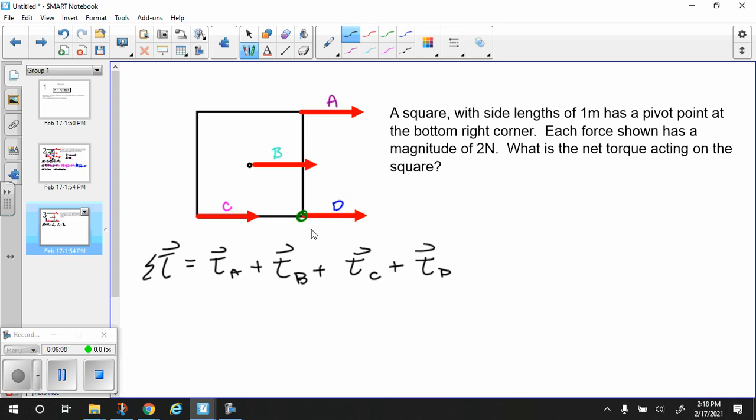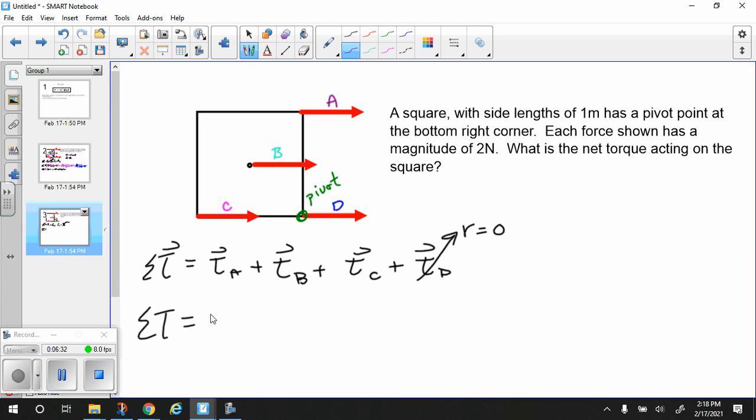And we can see that D is acting at the pivot. So D is not going to exert any torque because R is equal to 0. So now we write out our equation. So sum of the torques equal to, so A is going to make it go clockwise.